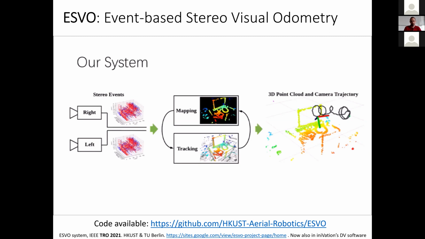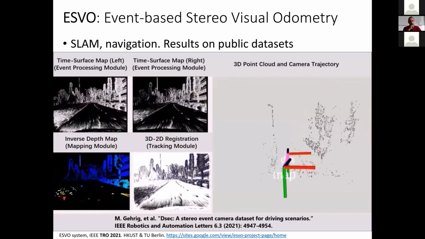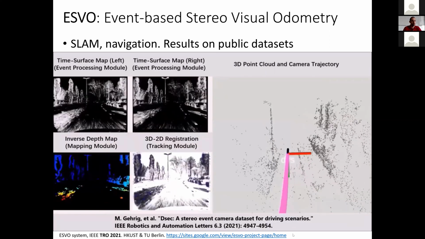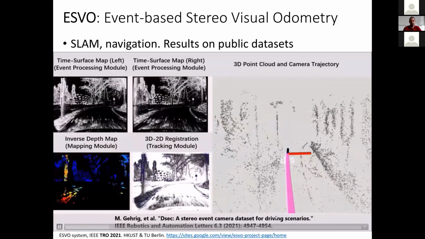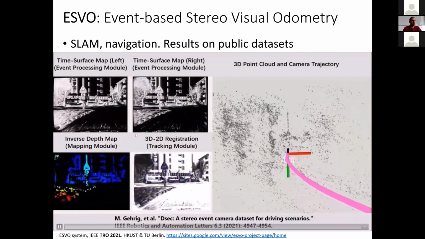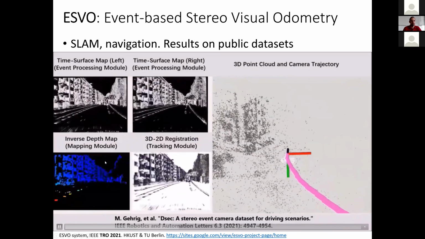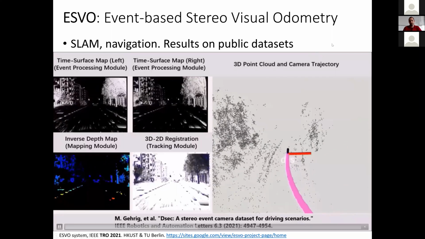camera given the map. And in the context of multi-agent scenarios, we tested our system, whose code is also available, on this recent data set from the University of Zurich called DSEC, published at RAL. The input are the events from both cameras, and the output is the trajectory of the camera and the estimated depth map of the scene.